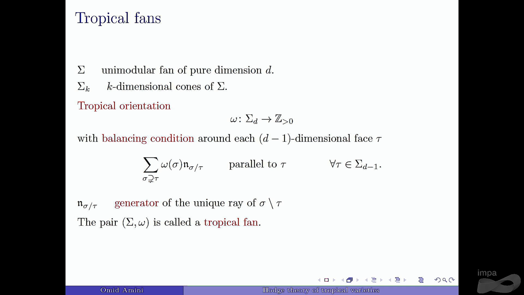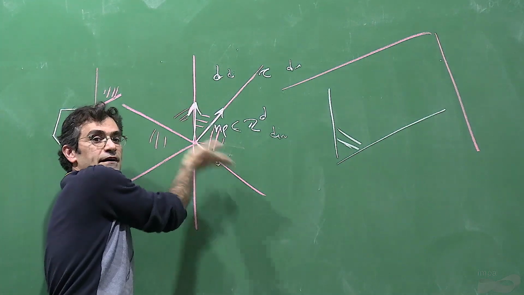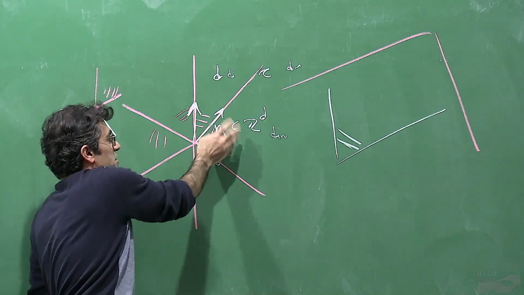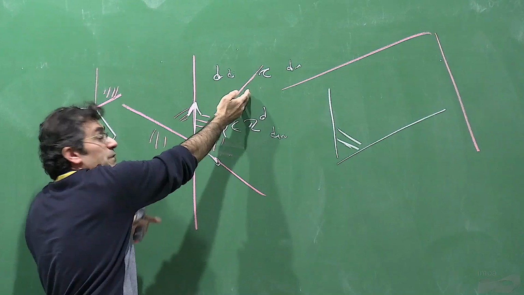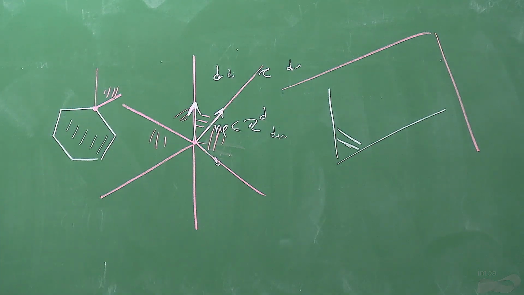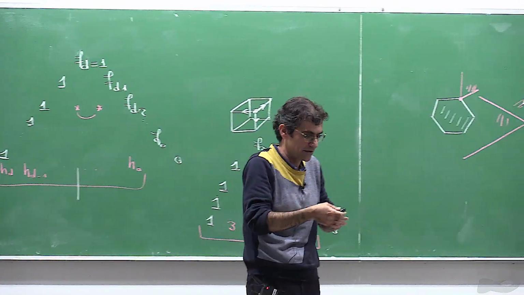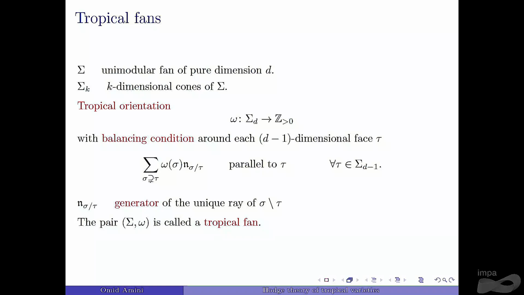I would like to get rid of the fact that any d minus 1 dimensional cone is shared by exactly two d-dimensional cones, but I would like to keep the second property: the sum of the generating vectors of the rays associated to d-dimensional cones which contain one given d minus 1 dimensional cone is parallel to that cone.